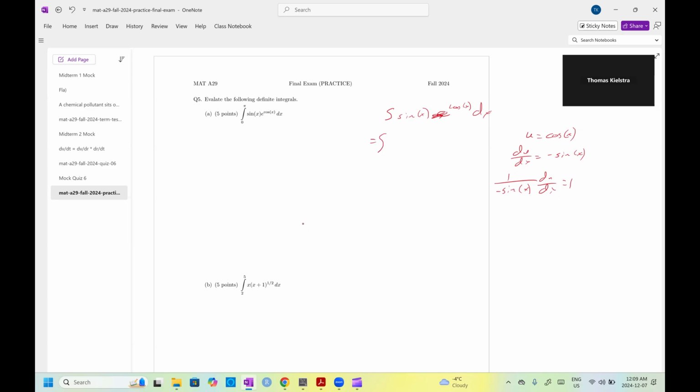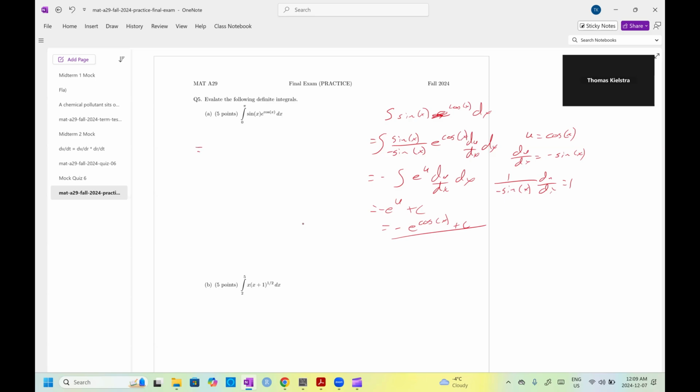So this equals the integral of sine of x over minus sine x e to the cos x du by dx, which equals minus the integral of e to the u du by dx, which equals minus e to the u plus c, which equals minus e to the cos x plus c. That's my indefinite integral.